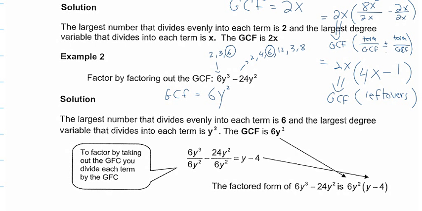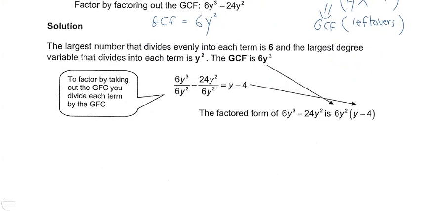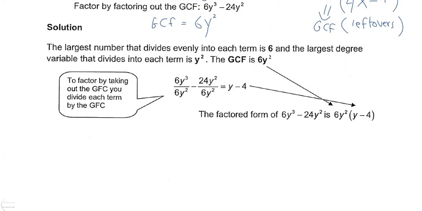So just don't worry about all this writing. I'm going to write my GCF right here, and then I'm going to open my brackets, and I'm going to take each term and divide it by my GCF.